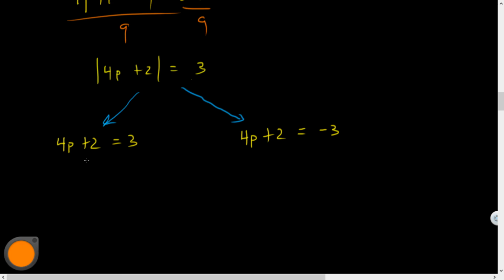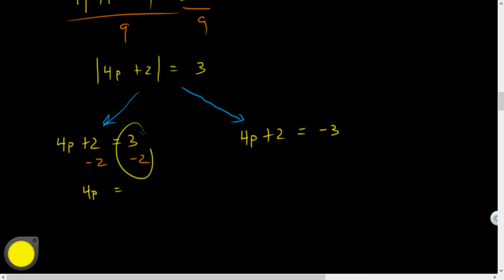So, should I divide by 4? Nah, that kind of makes fractions. It's legally permissible, but just like many things in life, a lot of things are legal, but not wise. Better idea. Let's deal with that 2 first. So I'll have 4p equals... Oh!